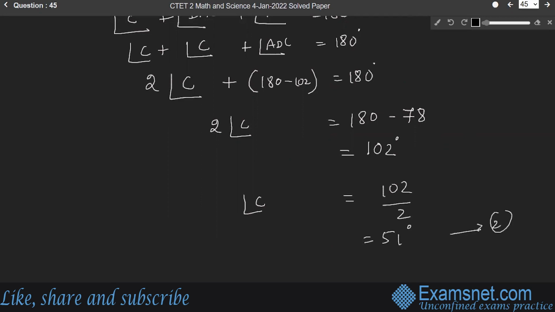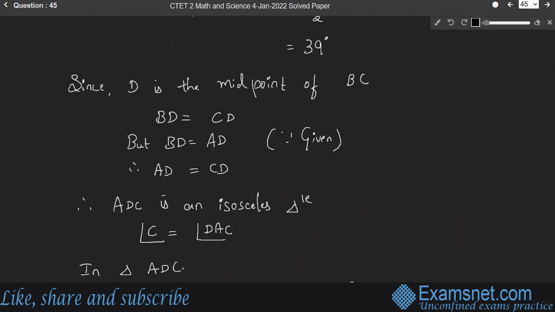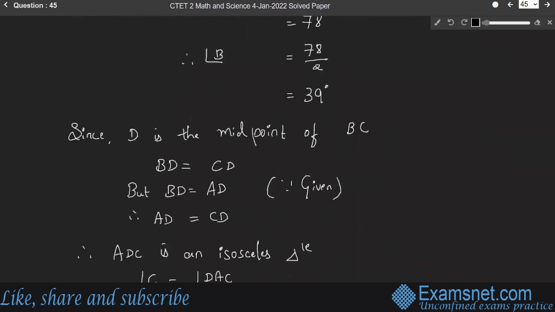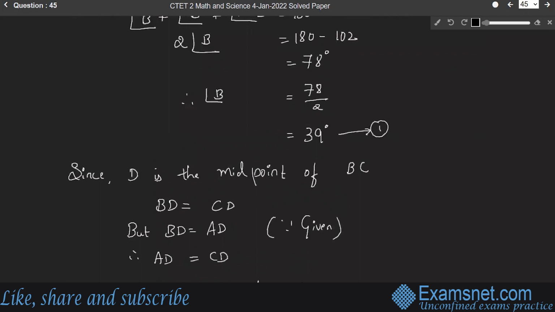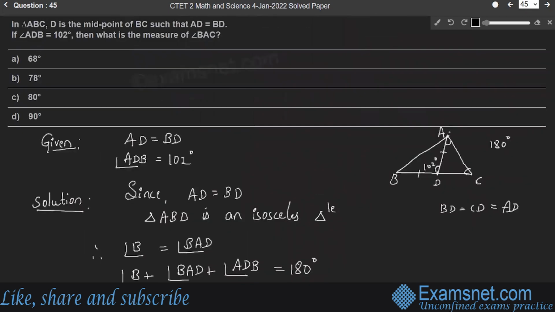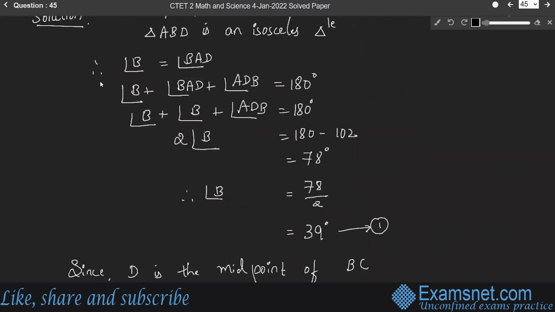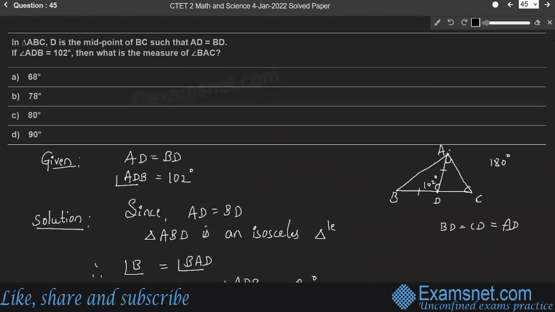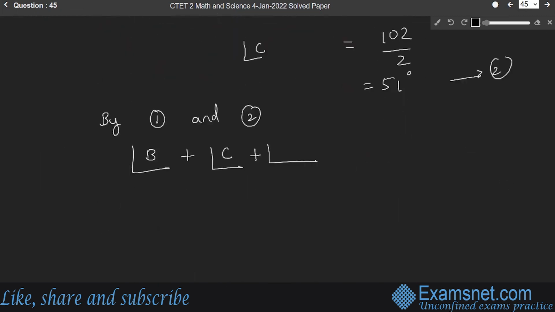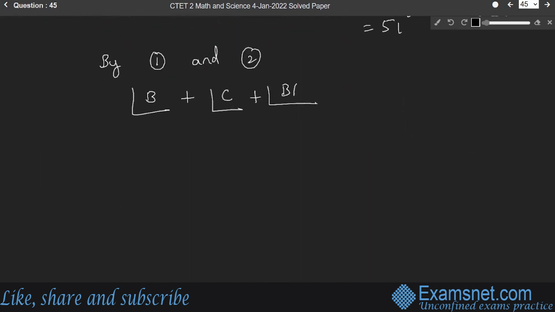So consider this as 1 and angle B as 2. By 1 and 2, angle B plus angle C plus angle BAC, the whole angle A, is equal to 180 degree.